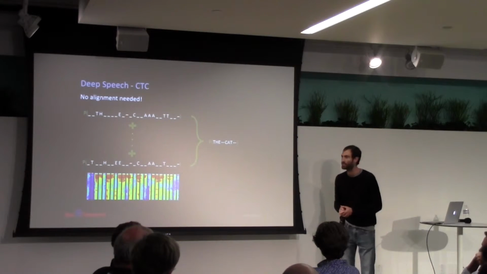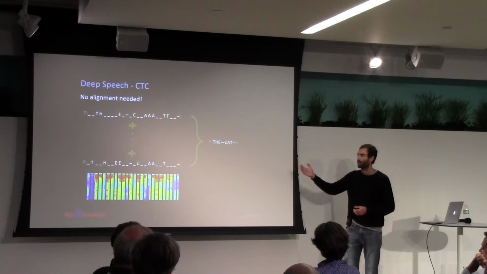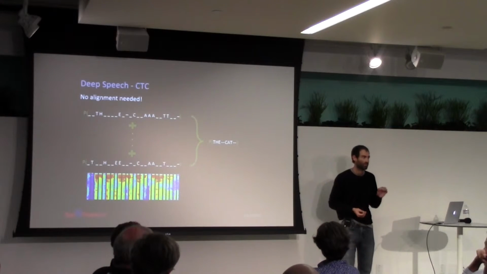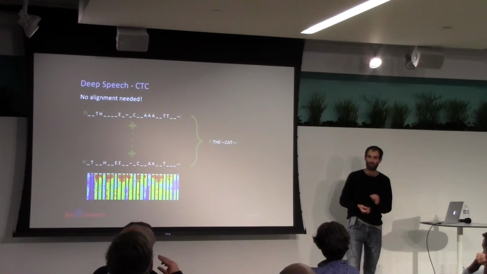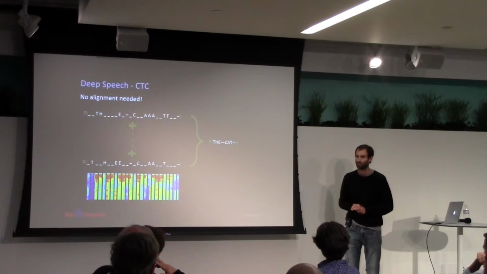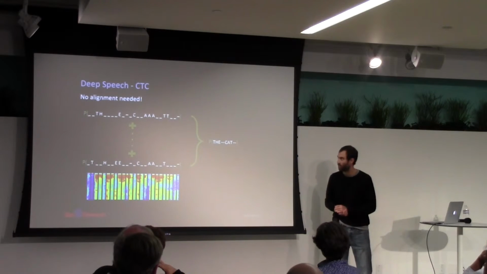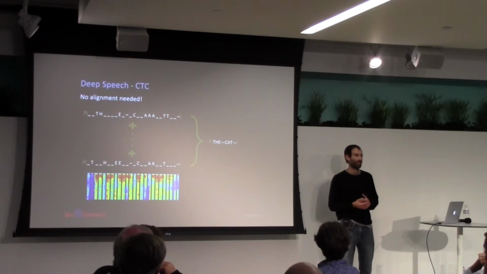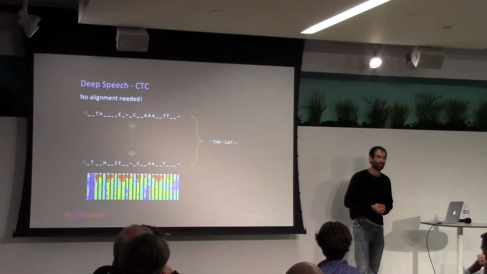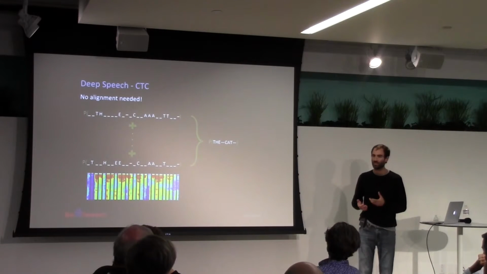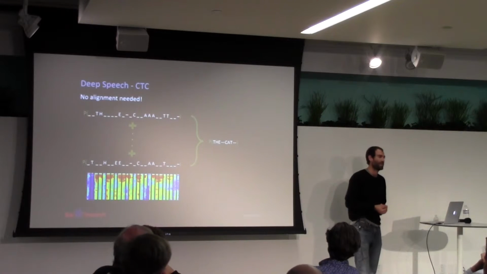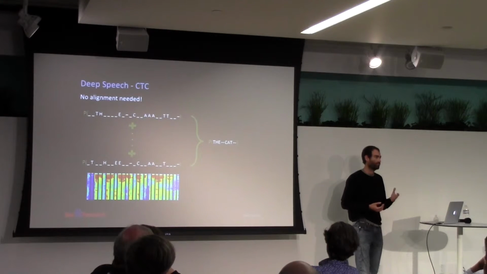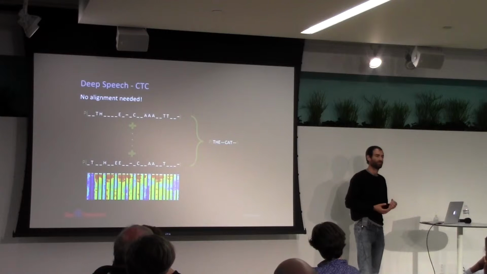One way you could imagine doing this is simply by delineating all such possible alignments, computing the score of the network for each one of those alignments, and then summing them up. Of course, you're probably thinking that there are a lot of such alignments, and it would not be tractable to do that. So CTC, this algorithm I've been telling you about, actually gives us a very simple dynamic programming method of doing this efficiently.